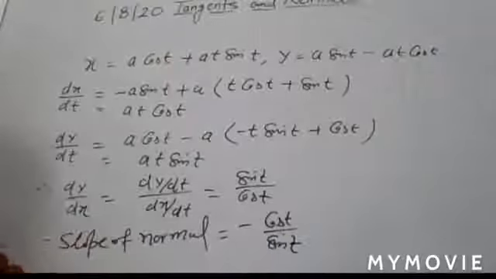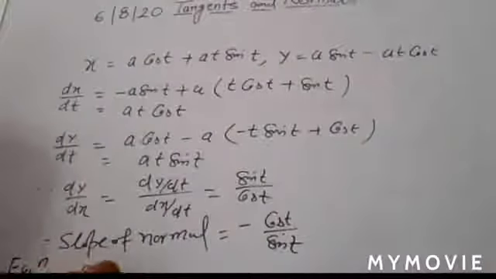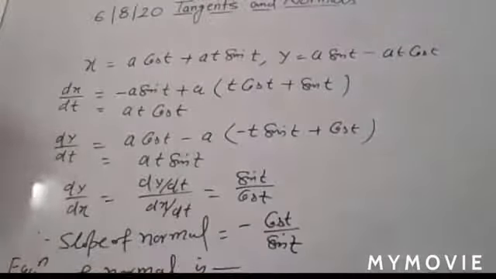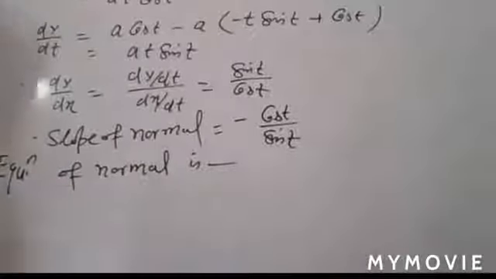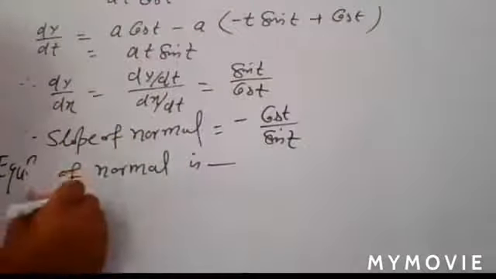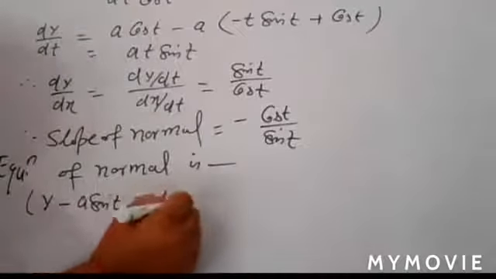So you write the equation of normal. So y minus y1, where y1 is the value of y here, so minus a sin t plus a t cos t.